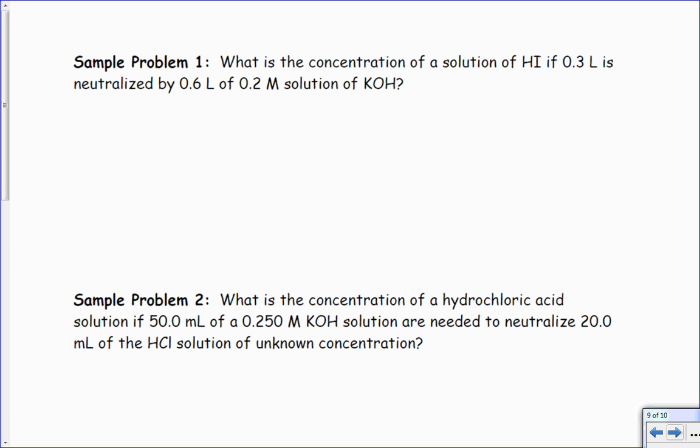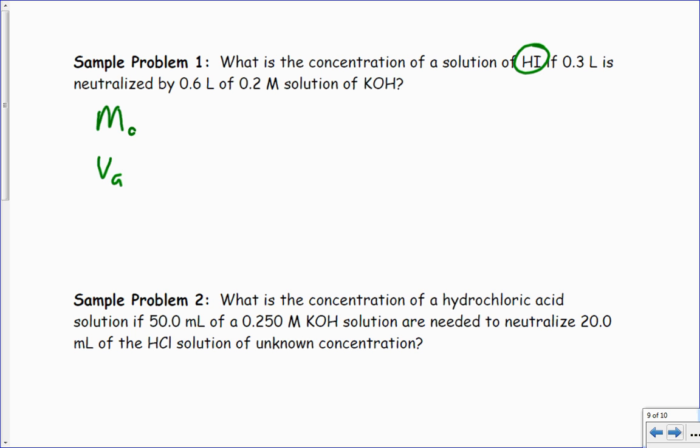So I'm going to do the 2 example problems for you, and then we'll call it a video. There are a bunch of these in the practice packet, and you're going to need to do them because this is the math piece, and you need to be able to get it right. So it says, what is the concentration of a solution of HI? HI is acid. So what is the molarity of the acid, Ma? If 0.3 liters, so Va, I'm going to fix this A, make it little.